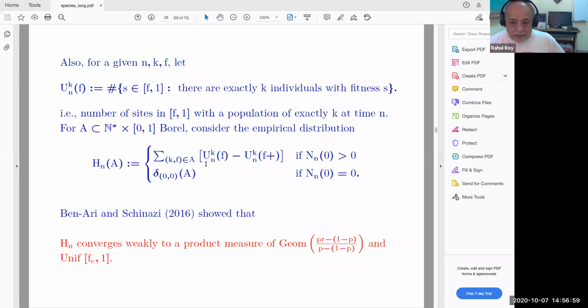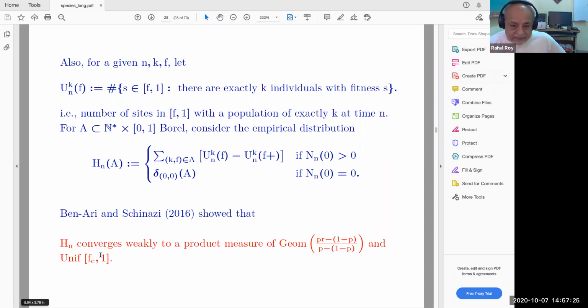So we want to study this empirical distribution, and when N_n is 0, then we just look at delta (0,0), whether (0,0) is in A or not. What Ben-Ari and Schinazi showed is that H_n converges weakly to a product of a geometric and a uniform distribution.